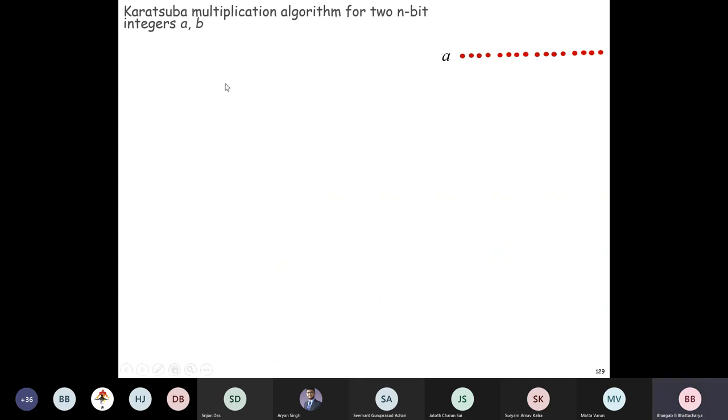Okay, my laser pointer is not working today. So suppose these are n bits. This is one number, and this is another number b, which also comprises n bits. So what we do is, let us say, the divide and conquer technique. Have you studied the Karatsuba algorithm in your algorithm course?